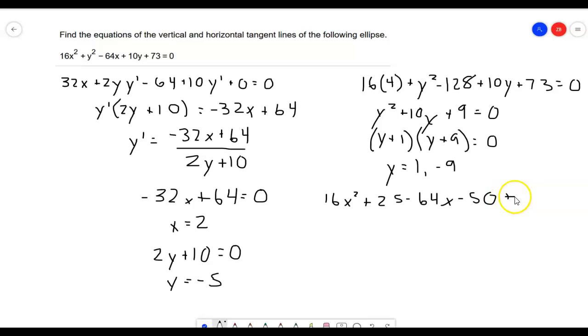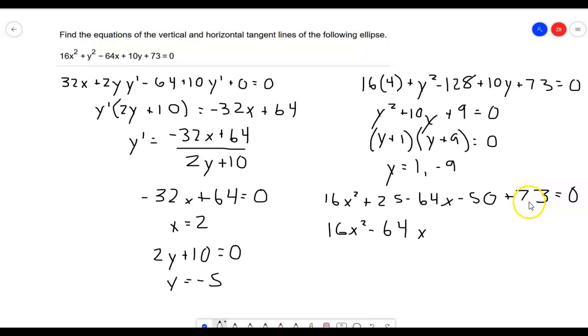Plus 73 is equal to 0. So doing this, I'm going to get 16x squared minus 64x, and I'm going to have a plus 25, a minus 50, so that's minus 25, and a plus 73.